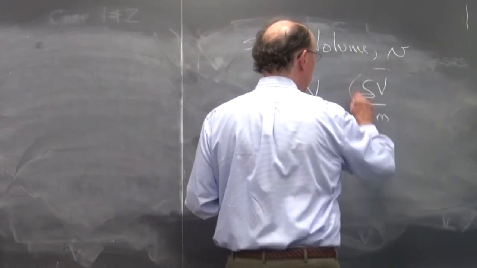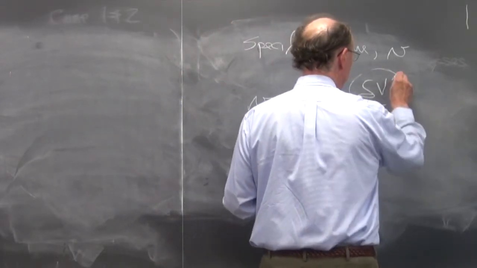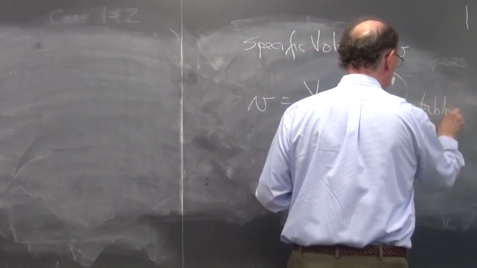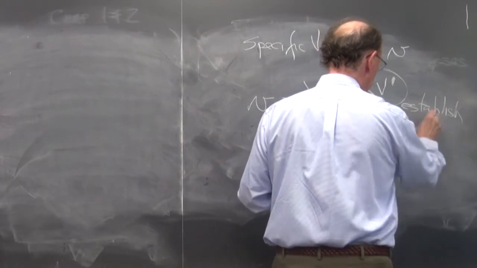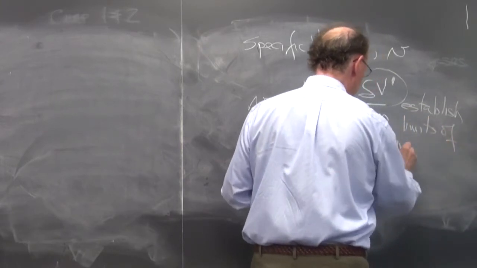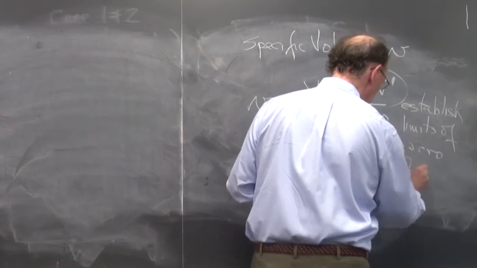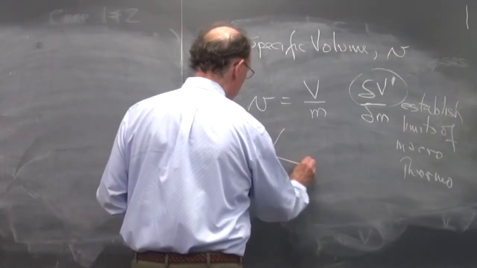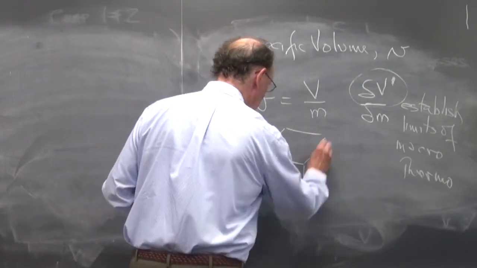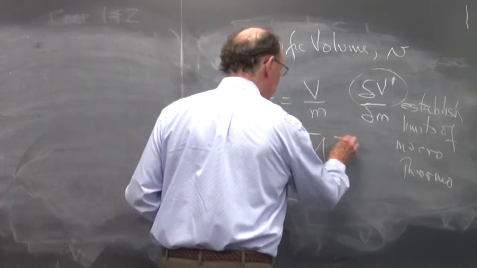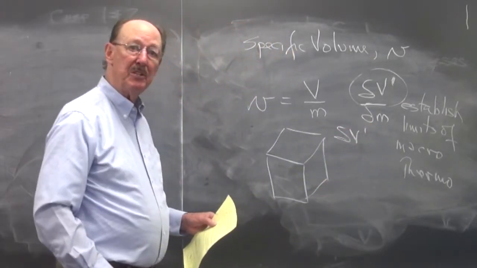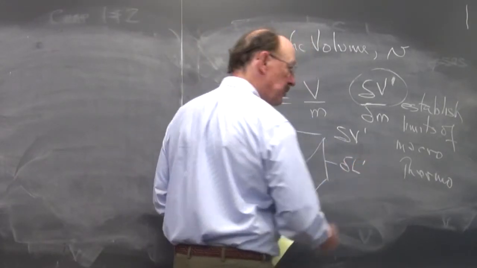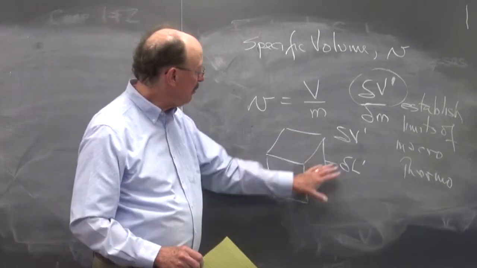So this del V, actually a del V prime, is going to establish the limits of macroscopic thermodynamics. If I have a little volume, I would call this del V prime, and it will have a length del A, might have called it del A prime. And so I can characterize this del V prime.